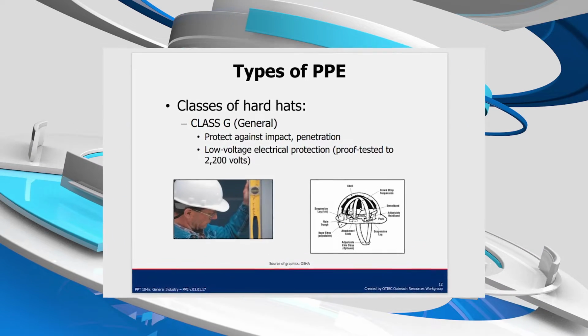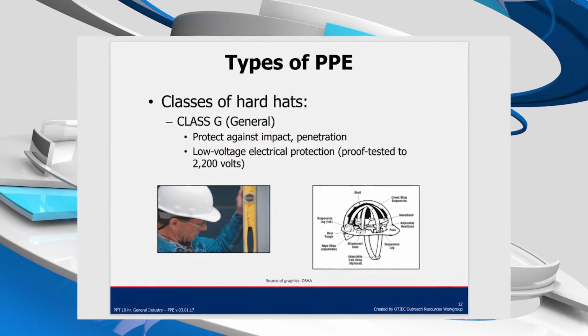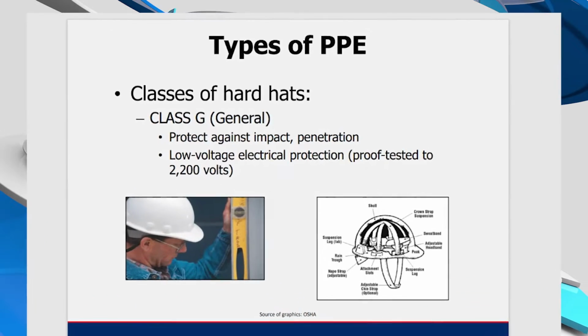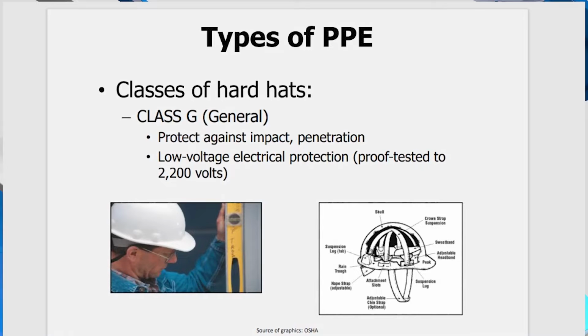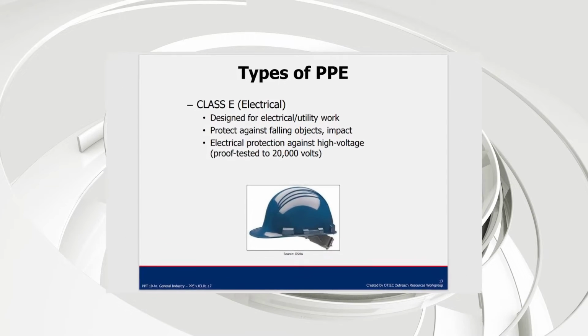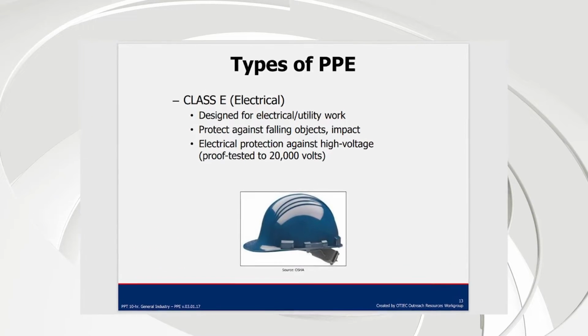Class G, General. This protects against impact or penetration, also against low voltage electrical hazards. Proof tested to 2200 volts. Class E, Electrical. Designed for electrical and utility work.